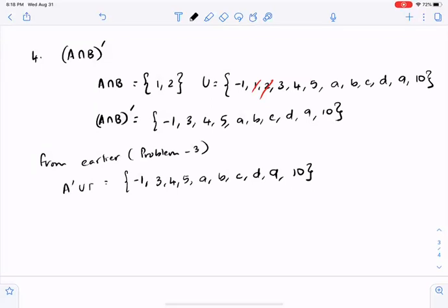That is A complement union B complement. And if you observe, they are one and the same. So A intersect B complement is the same as A complement union B complement.